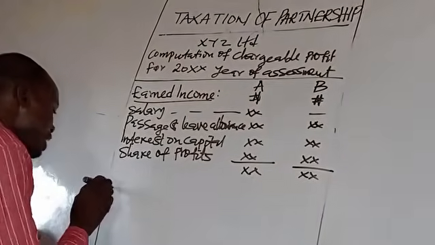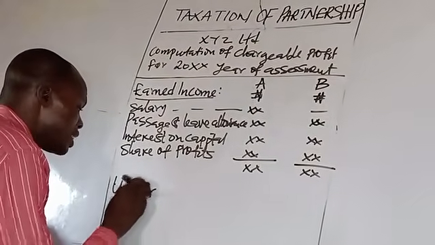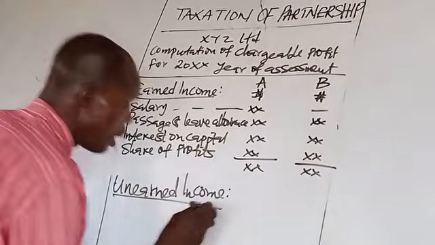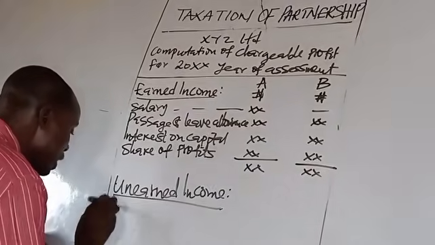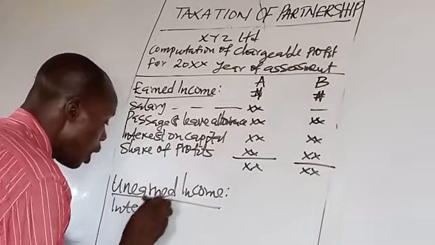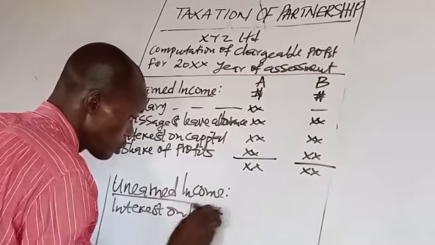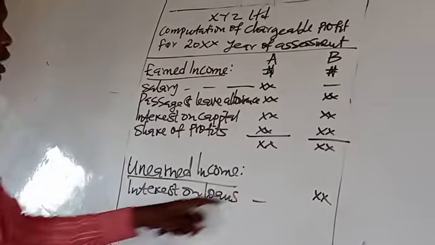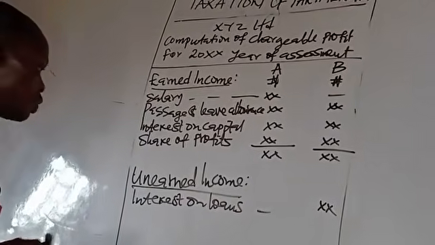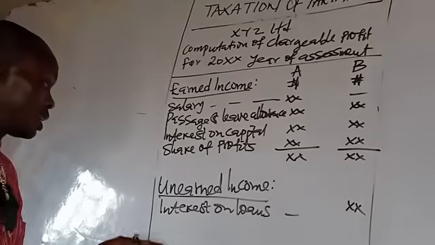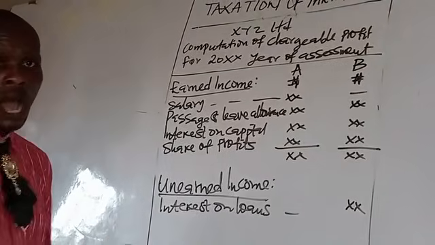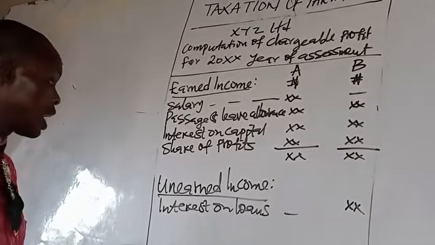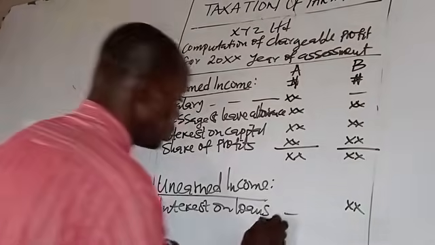After earned income, you have unearned income. Unearned income includes interest on loans. Let's assume the interest on loan was paid to B. If you want to know other items that you can have here, I will advise you watch my presentation on taxation of sole trader and personal income tax, for better understanding.